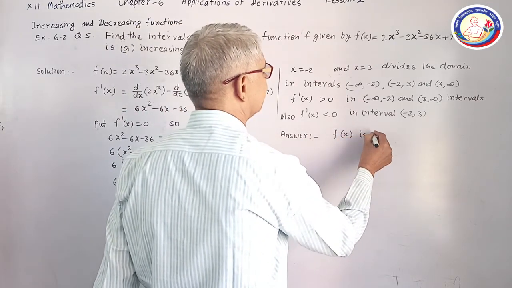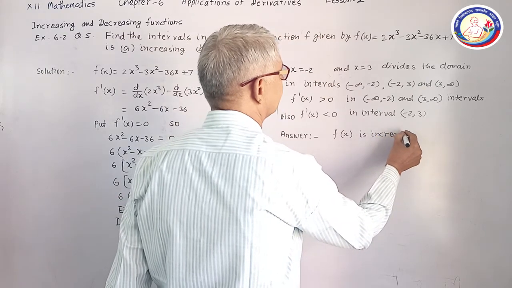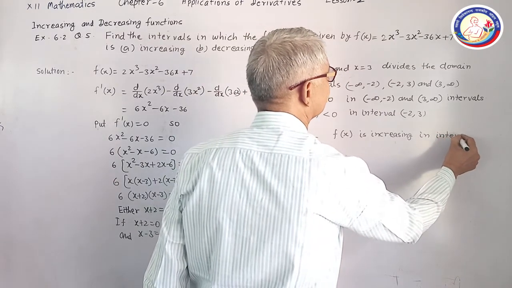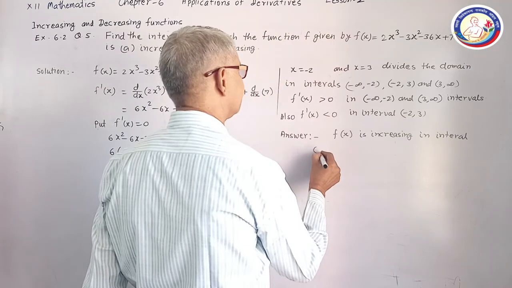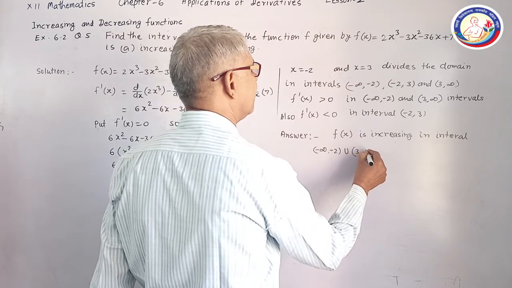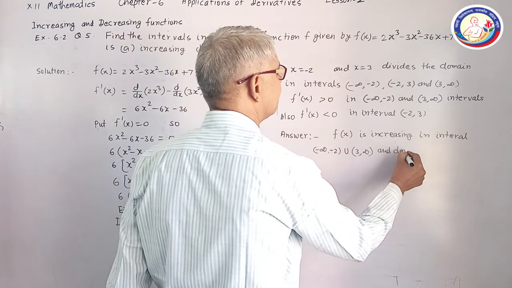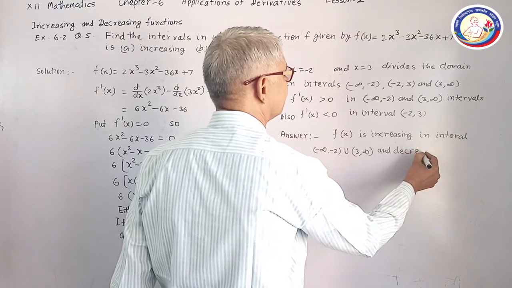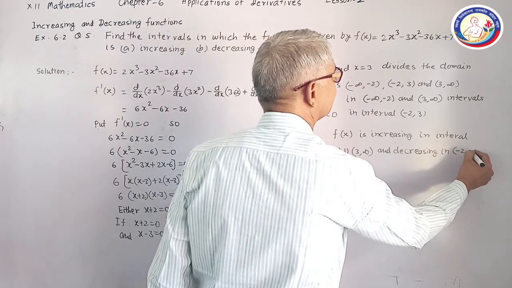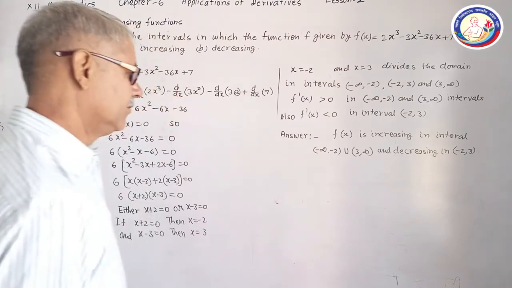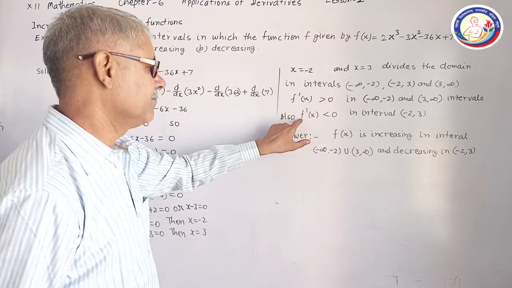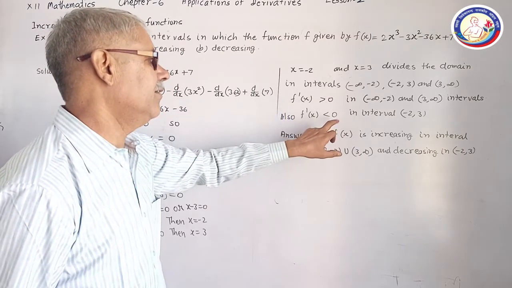f(x) is increasing in the first and third intervals and decreasing in minus 2 to 3. That's the answer. So we must first of all find when the value of the derivative is positive and when it is negative.